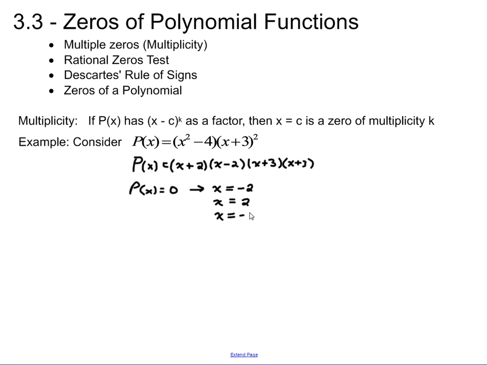Now it repeats itself twice, so rather than having to say x equals negative 3, x equals negative 3, which would be kind of silly for me to be rewriting the whole thing, I'm going to abbreviate it and say m2 to stand for the fact that we say x equals negative 3 is a 0 of multiplicity 2.